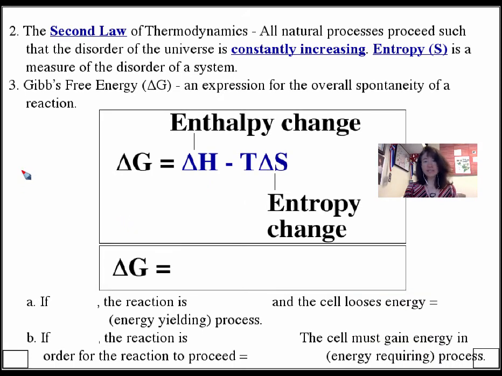Now we can look at this in a slightly different way as well. Remember the graph that we drew in which we had free energy as a function of reaction progress? So we now know that free energy can be written as G, or Gibbs free energy. And then this is just reaction progress on the x-axis.